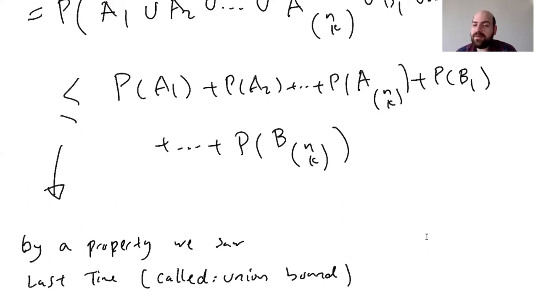Because it gives a bound for the probability of a union of some events. It says that the probability of a union of some events is less than or equal to the sum of the probabilities. It will be equal to the sum of probabilities if the events are mutually exclusive, or pairwise disjoint, basically. Otherwise, it's going to be less. So in general, it's less than or equal.